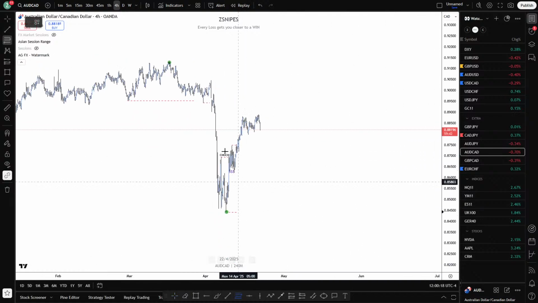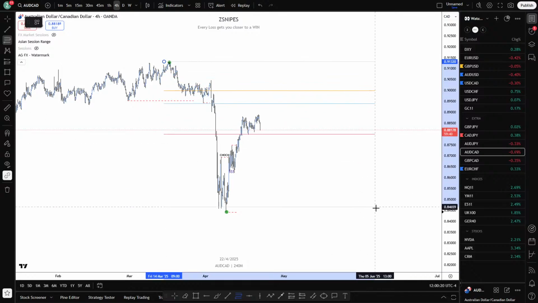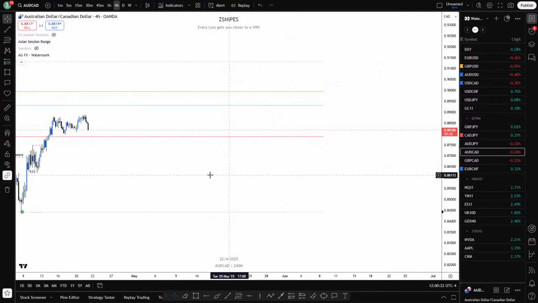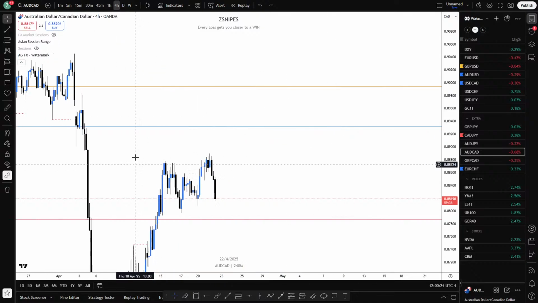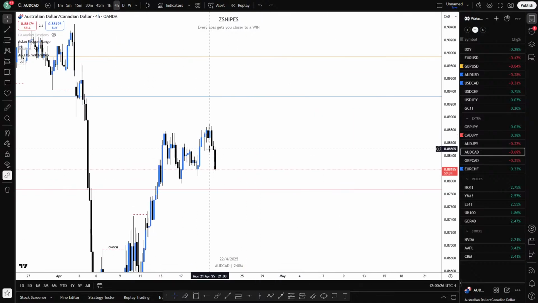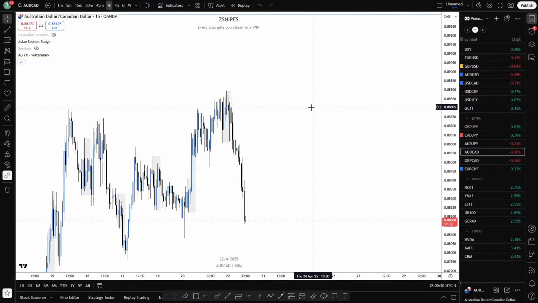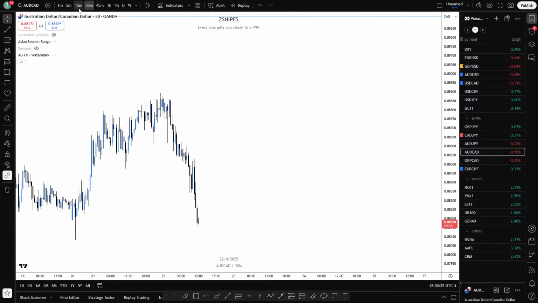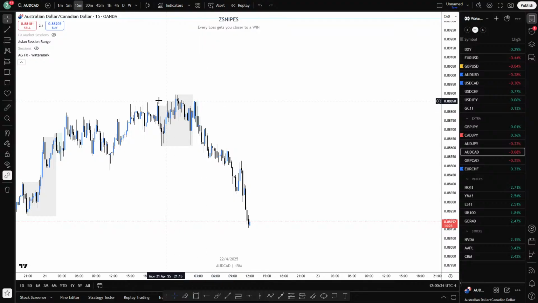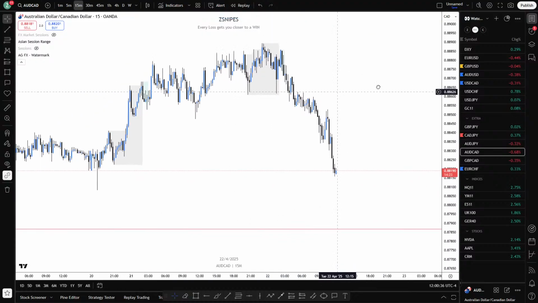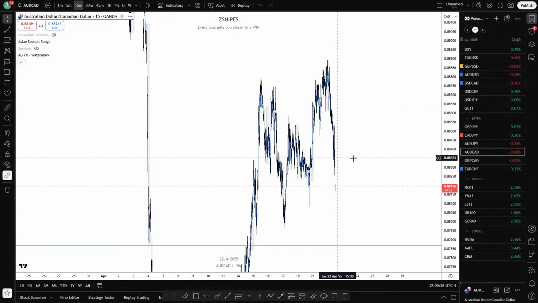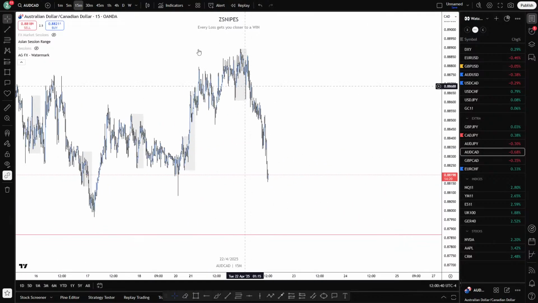Hold on. I like that. We're above 50%. Let's see. 4 hour. Asian highs, not the best. Okay.